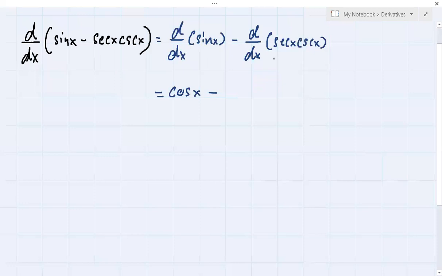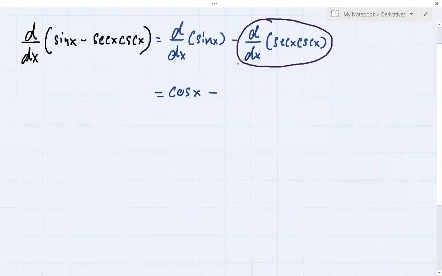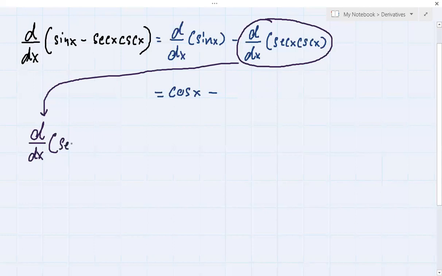Ngayon, paano to? Okay? So, what we can do here, para di tayo magkahirapan, we can do it slow. So, we can rewrite here para di tayo magkahirapan. So, the derivative of secant x times cosecant x.